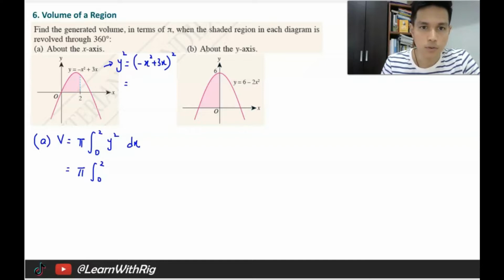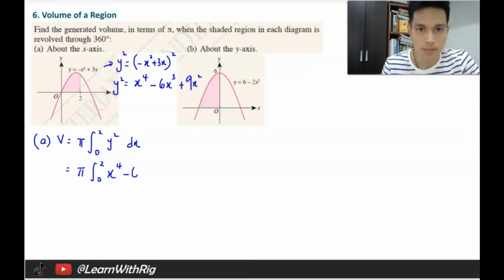So you get positive x to the power 4 minus 6x cubed plus 9x squared. You can substitute this whole thing for y squared into the integration part. So x to the power 4 minus 6x cubed plus 9x squared, and then dx.